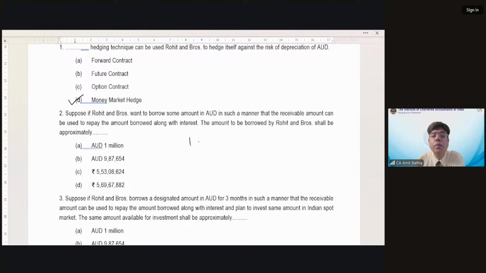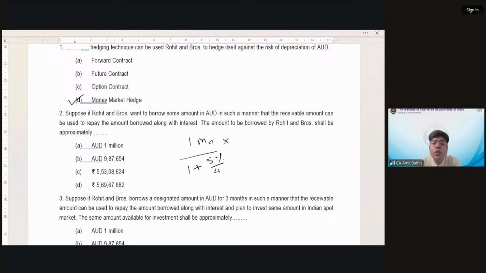So I will get 1 million AUD, right? 1 million AUD multiplied by, now this 1 million, remember, has to include the loan amount and interest. So in other words, this is 1 plus 5% is the interest, right?